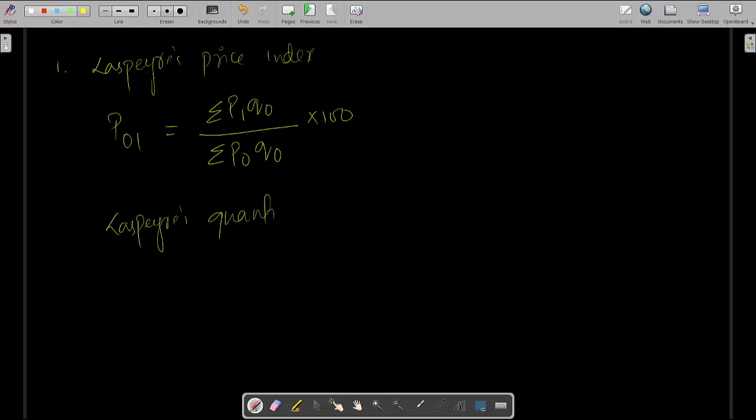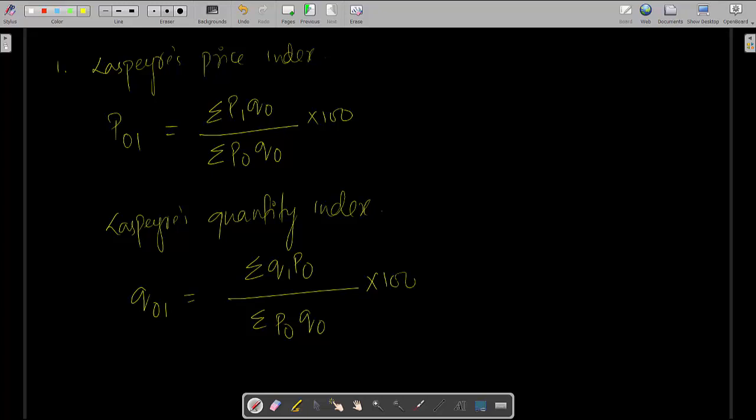If it is quantity, you denote it by Q. Q01 is equal to sigma Q1 P0 divided by sigma P0 Q0 into 100.